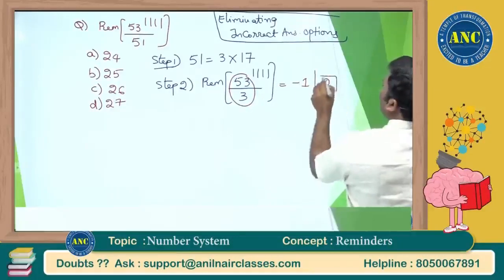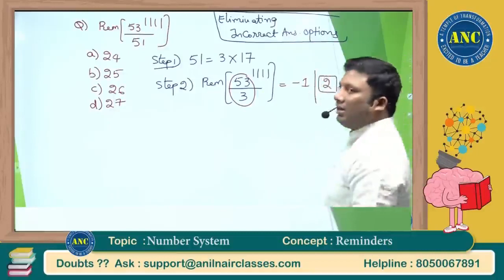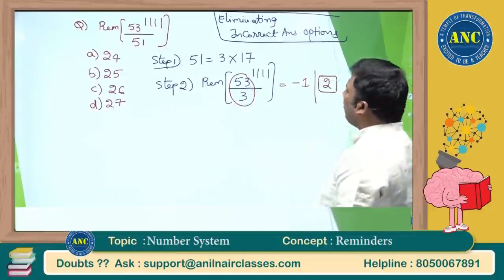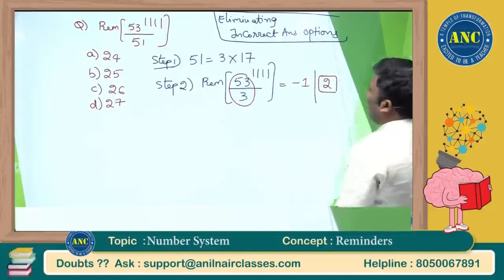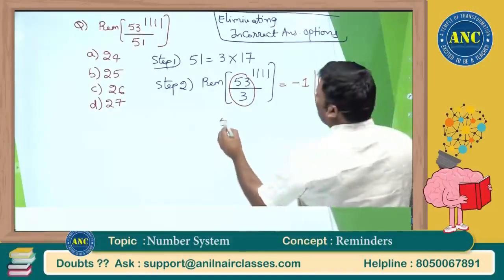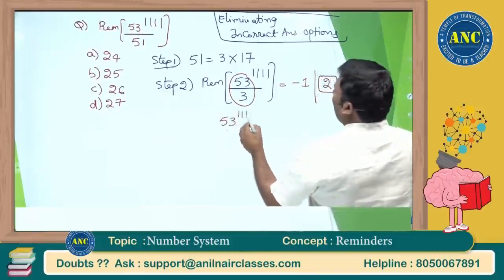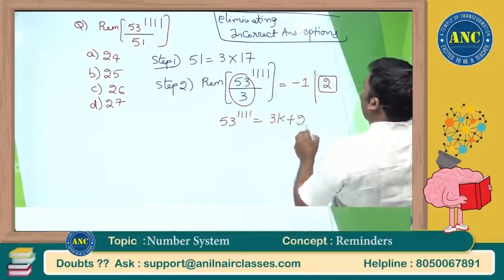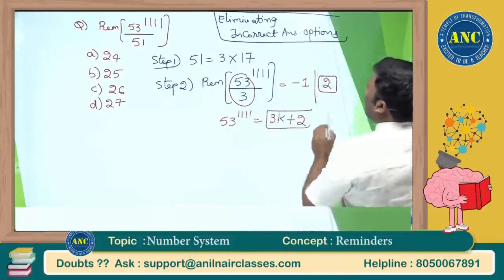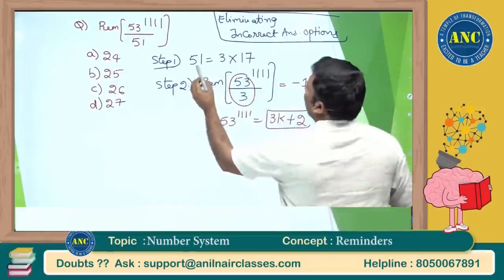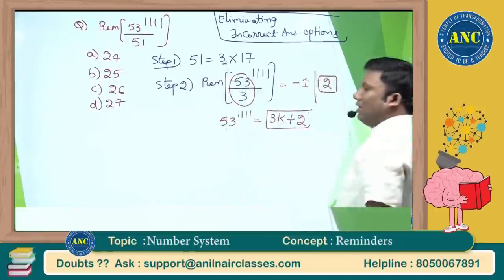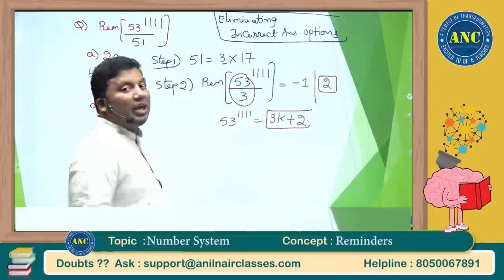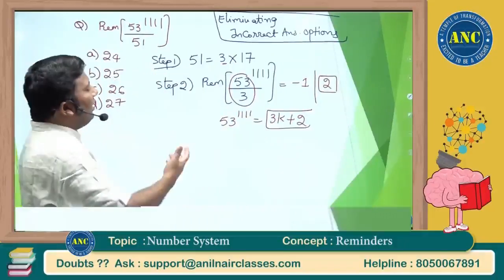The positive remainder is nothing but 2. So 53 power 11111 is of the form 3k plus 2. The answer when divided by 3 should be of the form 3k plus 2.